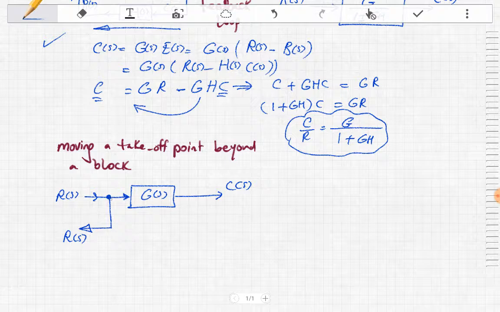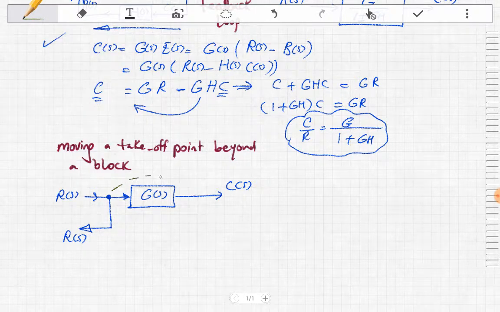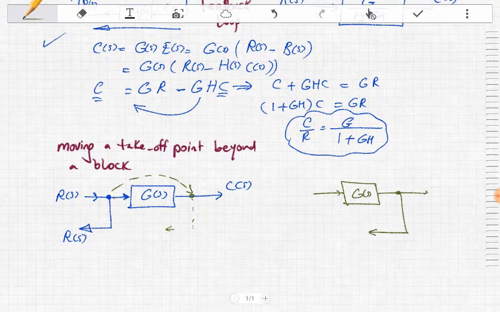Sometimes you need to move this point from here beyond the block. You want to move the point here. So what change will you do? It means you want to make it here like that. If somebody thinks, okay, that's G of S here, and I move this point here, so the point will be like that.